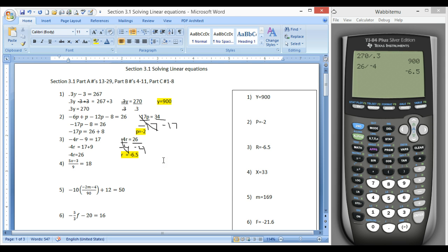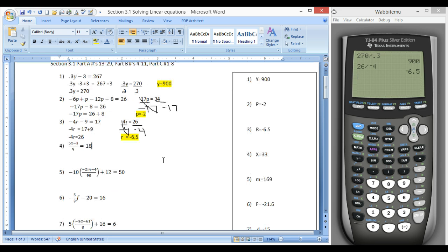All right, let's move to the next one, number 4. If you watched the previous tutorial, we kind of talked about having a division sign, a long division sign. Even though it doesn't have the traditional parentheses at the top, we can assume that those parentheses are there every time we see a long division sign.